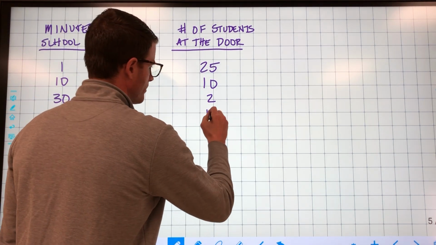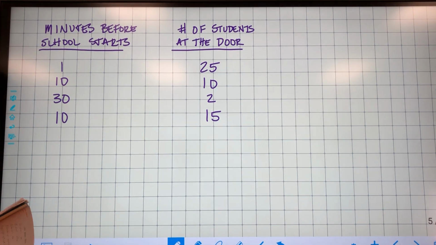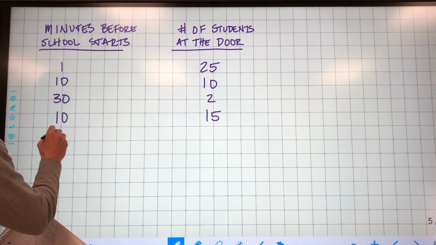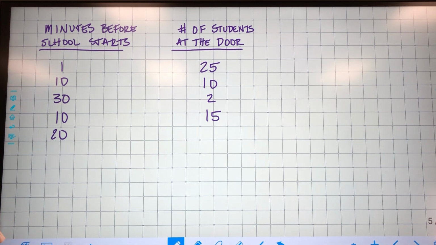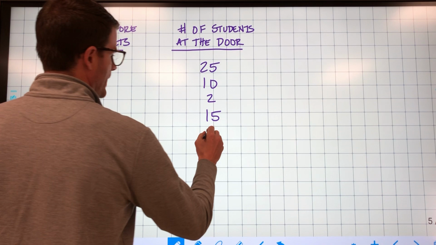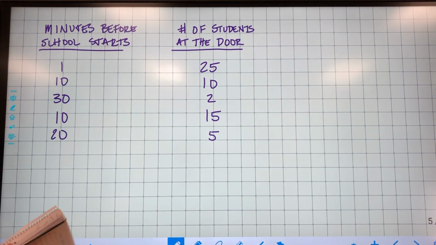And this time, there were 15 students waiting at the door. All right. And let's say I show up 20 minutes before school starts, okay? And there were 5 students. So Monday I show up 1 minute, Tuesday 10 minutes before, Wednesday 30 minutes before, Thursday 10 minutes before, Friday 20 minutes before. And these are the number of students waiting each of those days.